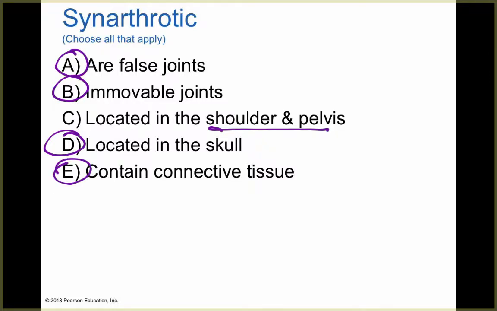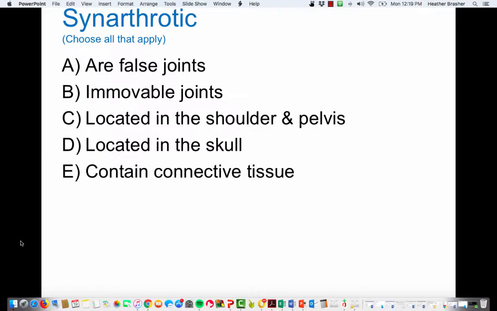They would contain connective tissue. So false joints are ones that essentially do not move, like these. And they are immovable. They're located in the skull, and they're made from fibrous tissue. They do contain some connective tissue as well. The dense connective tissue, right?